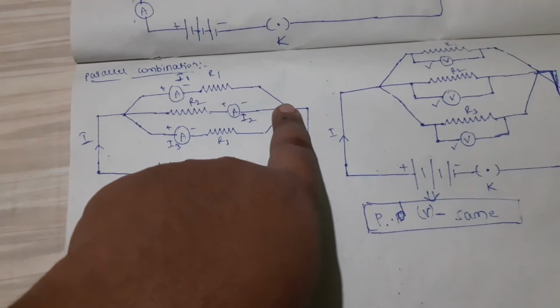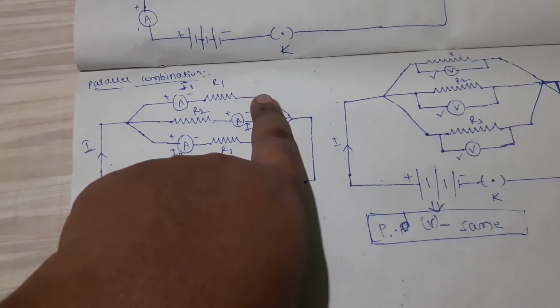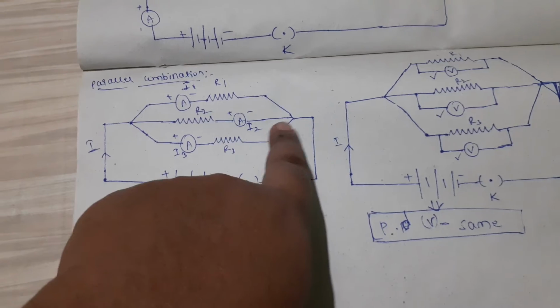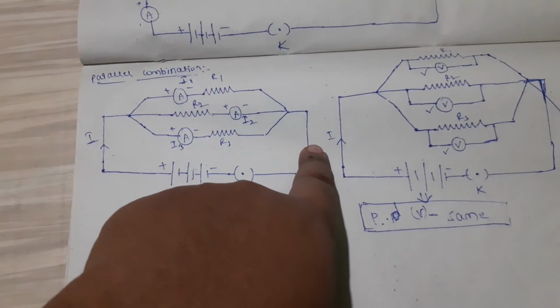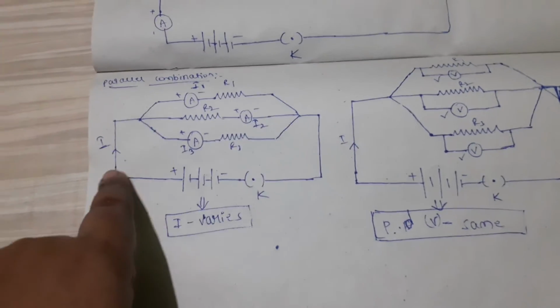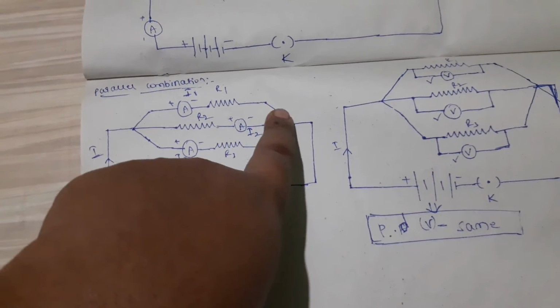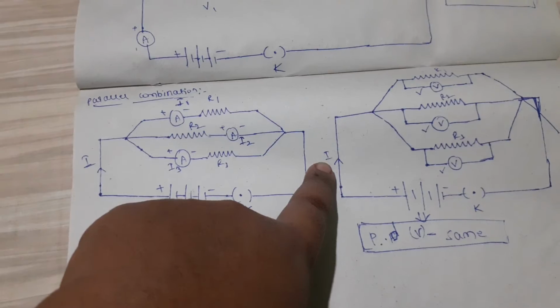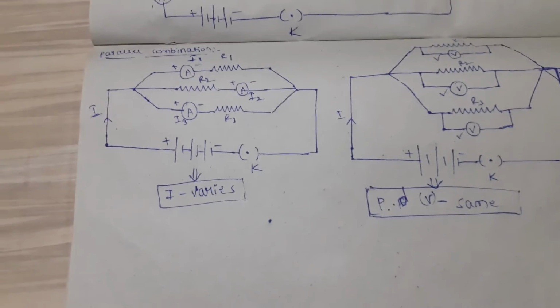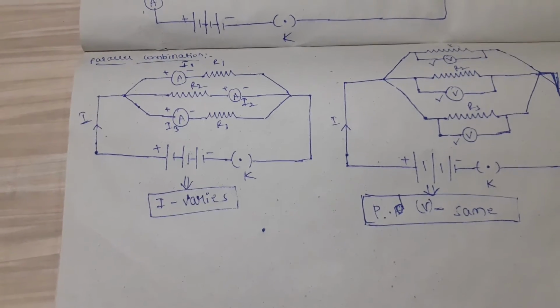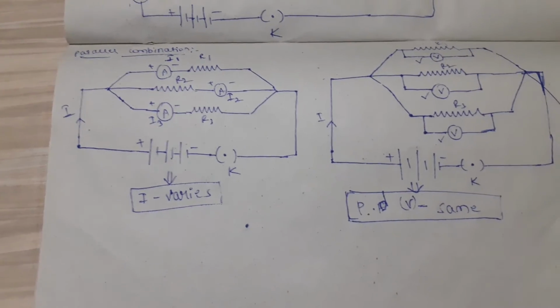Adding the I1, I2, I3 values gives the total current in the circuit I. So I equals I1 plus I2 plus I3. So in parallel combination the current varies.